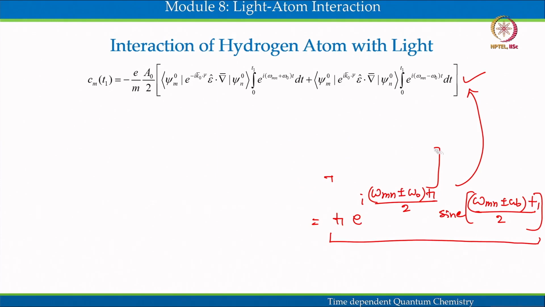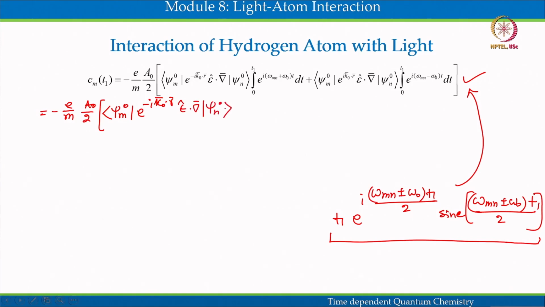So we'll insert it and I can write this down as minus e by m a naught by 2, then I have this spatial integration part, which I will write as e to the power minus i k naught dot r epsilon dot derivative operator psi n 0.